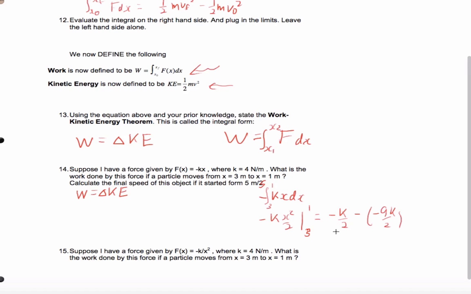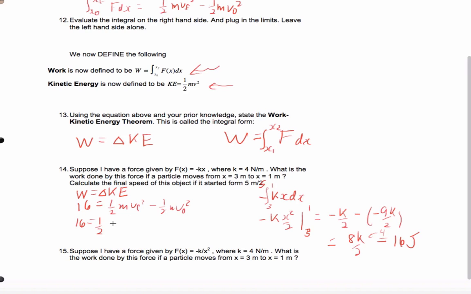And that's going to actually then give me 8k over 2. And when I plug in k is 4, that's going to give me 16 joules worth of energy. So I know that 16 is the change in kinetic energy, which is 1/2 m v final squared minus 1/2 m v initial squared. So now we can continue.